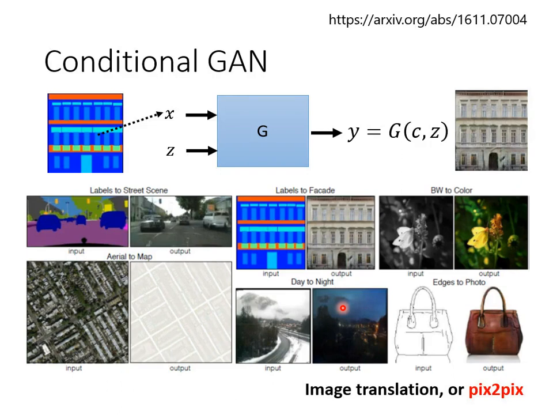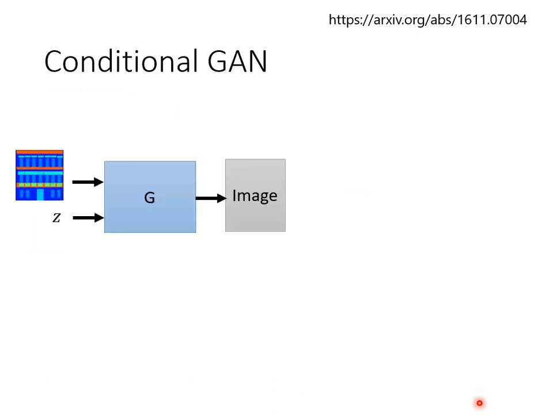So, in addition to generating pictures given input texts, you can also input images to conditional GAN to generate images. This kind of application is called image translation. Someone also calls it pix2pix. This pix is pixel, the abbreviation of pixel. So it's called pix2pix. Okay, how do you implement it? There is no difference from generating a picture given an input text.